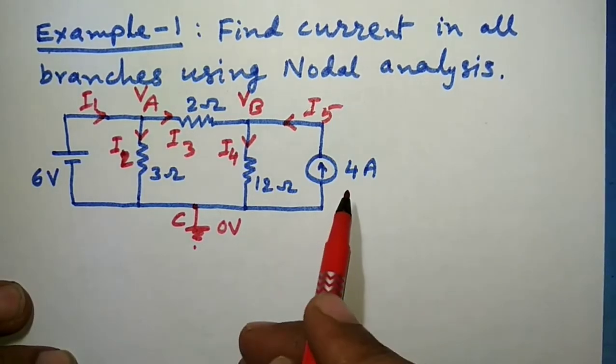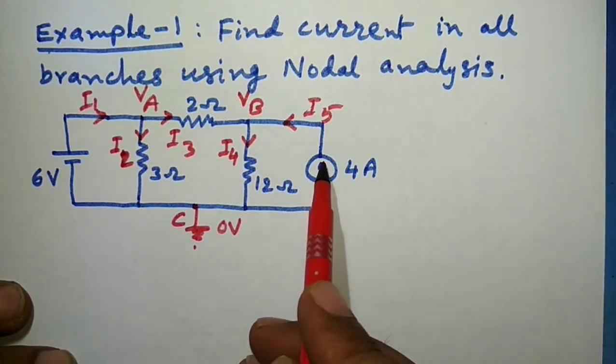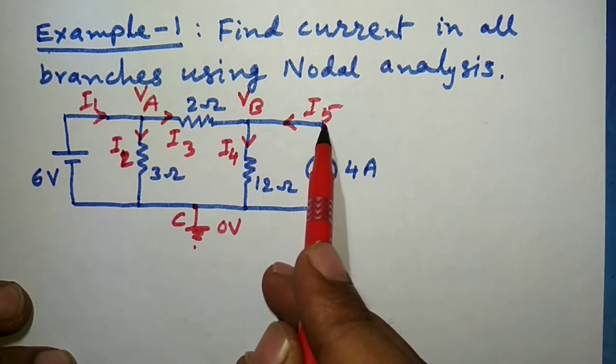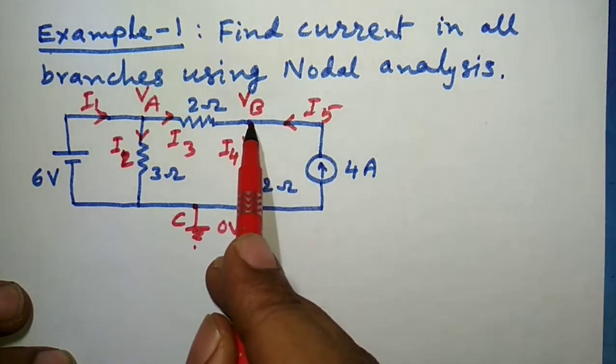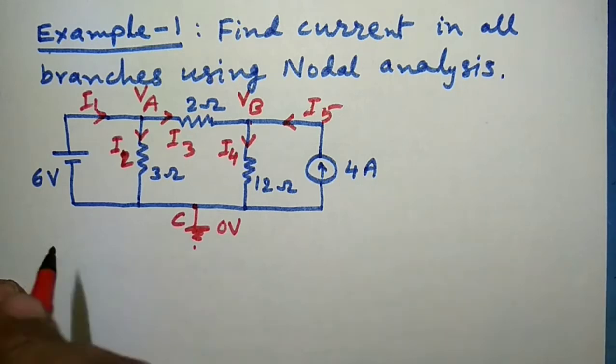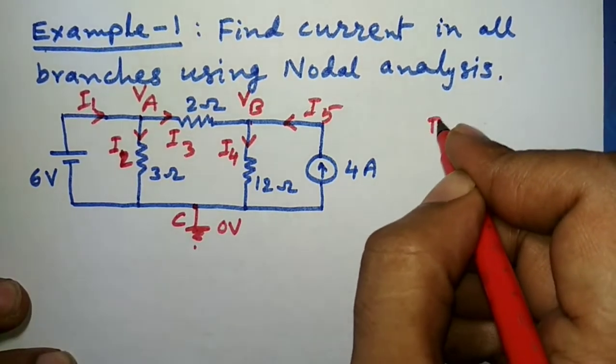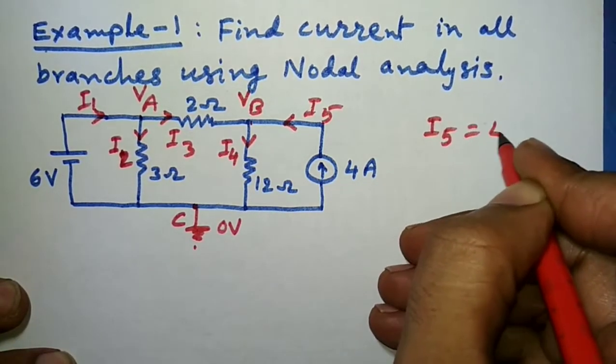Now you can see that the current 4 ampere is flowing in the upward direction and going towards the junction B. So we can directly write the value of I5 is equal to 4 ampere.